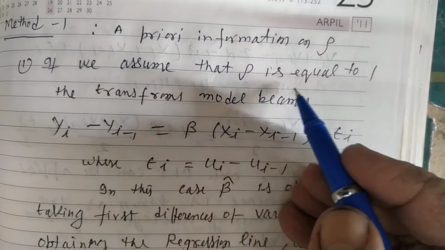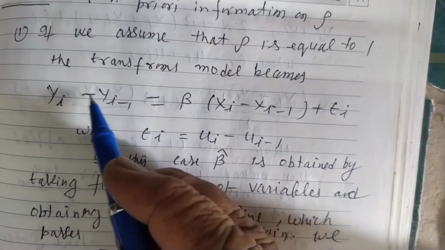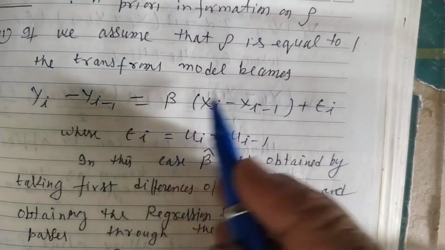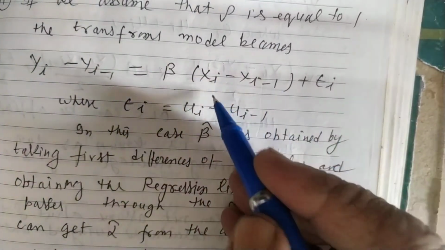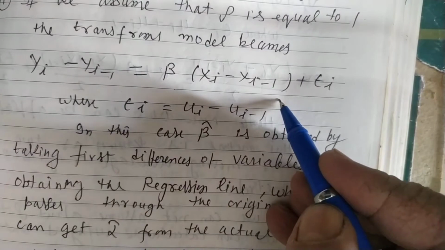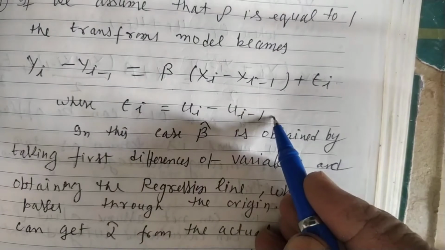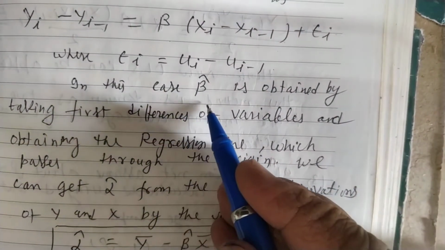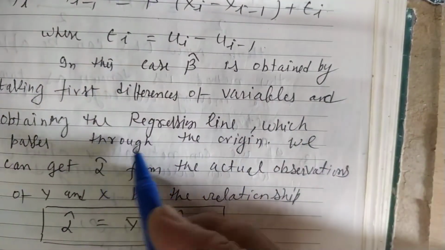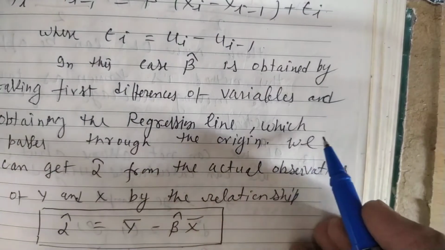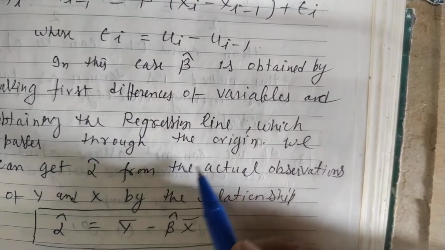If we assume that rho is exactly 1, meaning perfectly correlated, the transformed model becomes yi minus yi-1 is equal to beta times (xi minus xi-1) plus epsilon i, where epsilon i is equal to ui minus ui-1. In this case, the estimated beta is obtained by taking first differences of the variables and obtaining the regression line which passes through the origin.